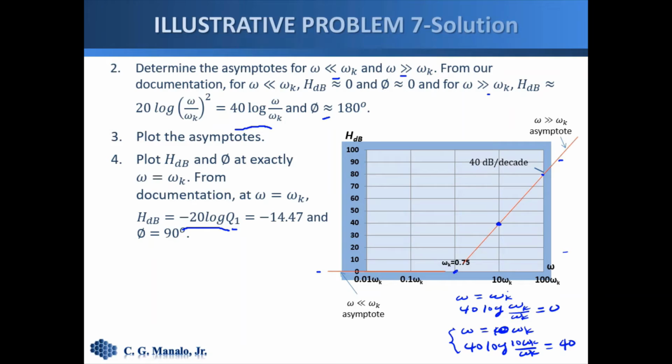So we have 14.47 for Q1. We take the log of that and times negative 20, that will give us this value for the magnitude. And for the phase angle, that will give us 90 degrees. So plotting our quadratic zero will give us this plot.